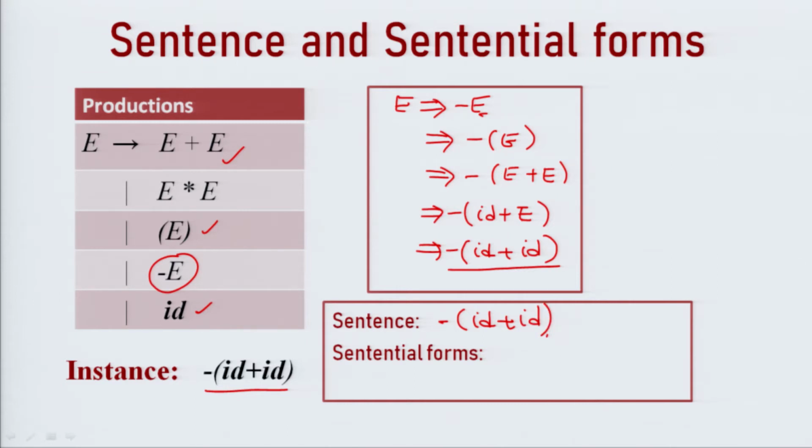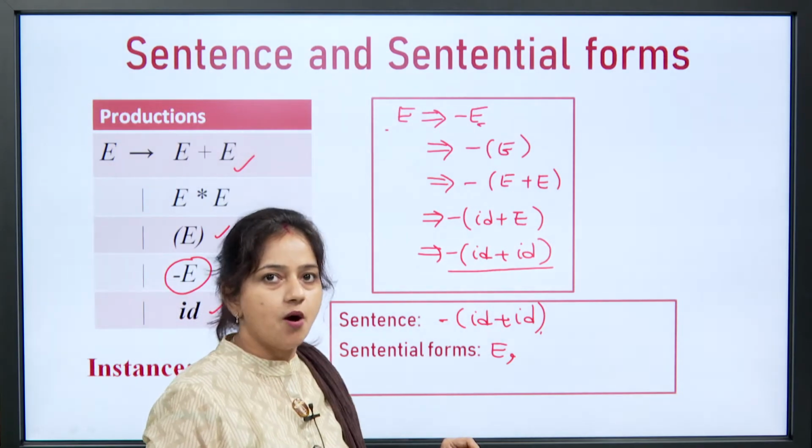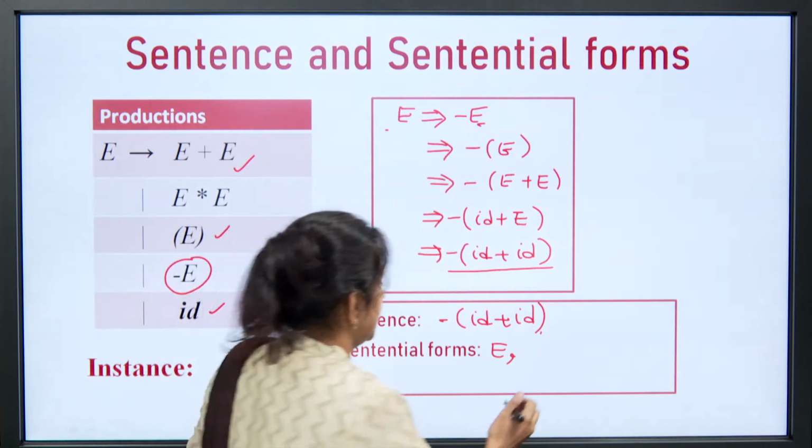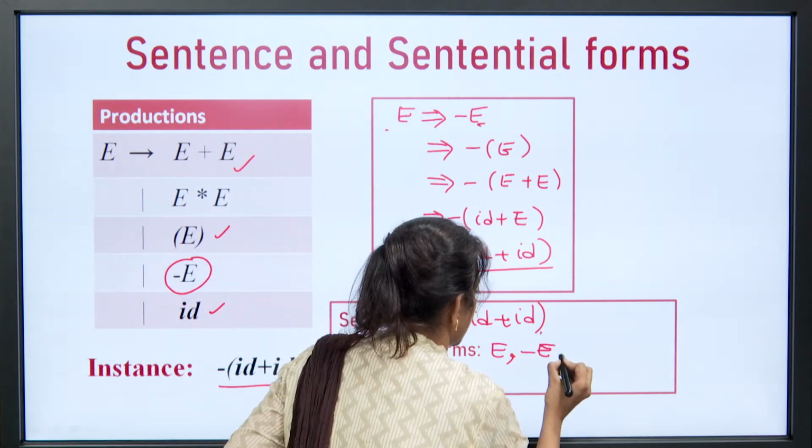Now, we will find what the sentential forms are. The first form is E. We know that in a sentential form, non-terminals may also appear. So, E is the first sentential form. Next is minus E, so this will be a sentential form.